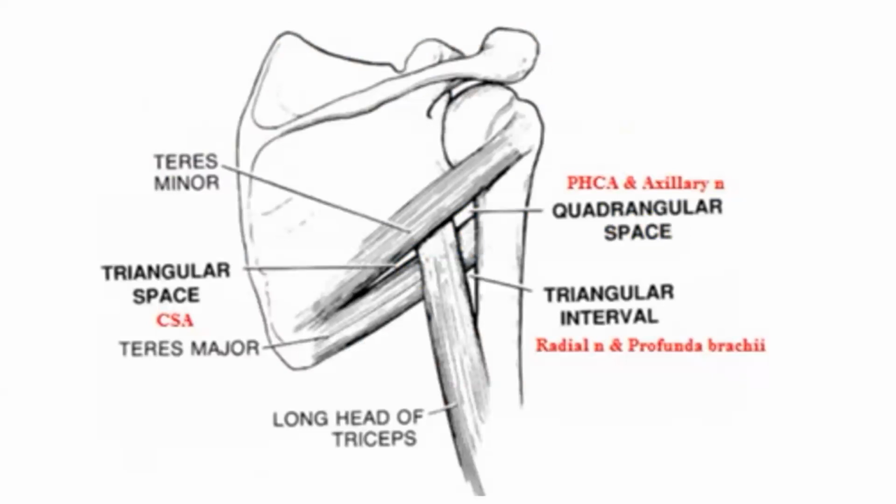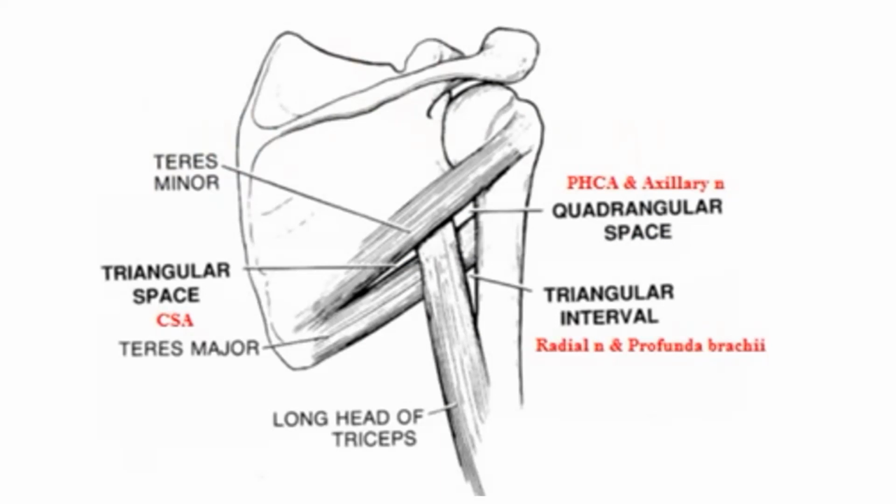You have to know about the quadrangular space of how the teres minor, the long head of the biceps, and the shaft of the humerus, plus the teres major, all form a quadrangular space. And you have to know that the posterior humeral circumflex artery together with the axillary nerve pass through this. You have to know about the triangular interval, and this is the radial and the profunda brachii artery pathway.